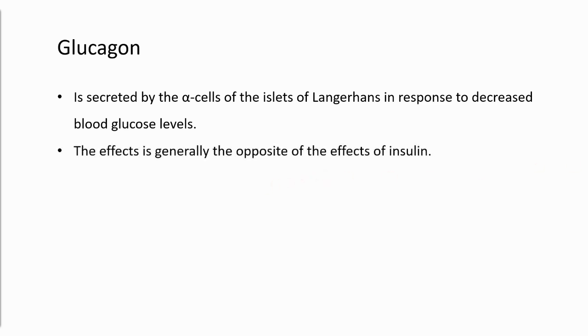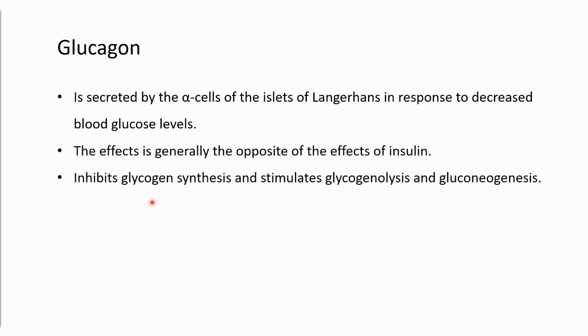Okay, so opposite effect siya. So, it inhibits glycogen synthesis, stimulates glycogenolysis and gluconeogenesis, production of glucose. Okay? Breakdown ng glycogen. And it also stimulates the breakdown of fats and ketogenesis. Okay? Para mag-produce ng alternative source of energy.